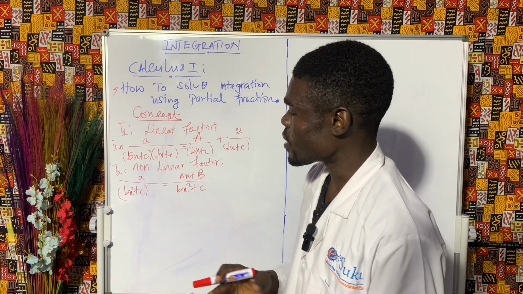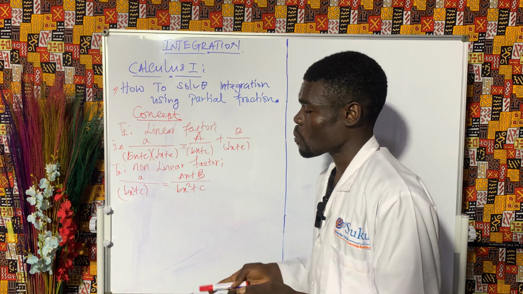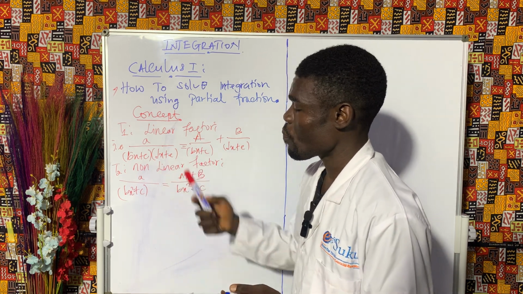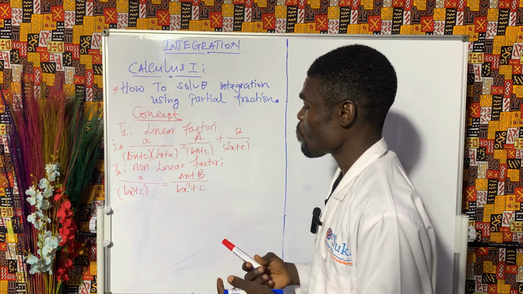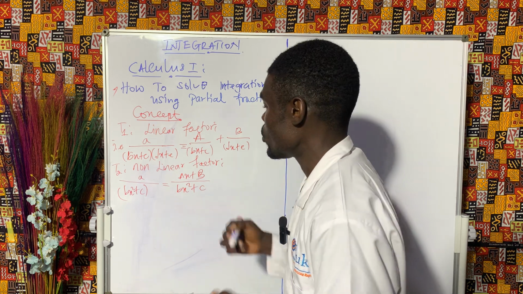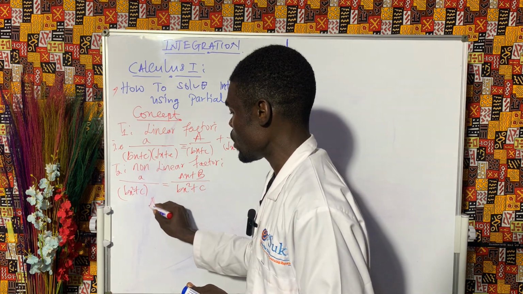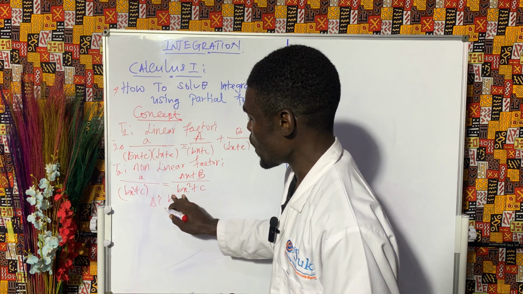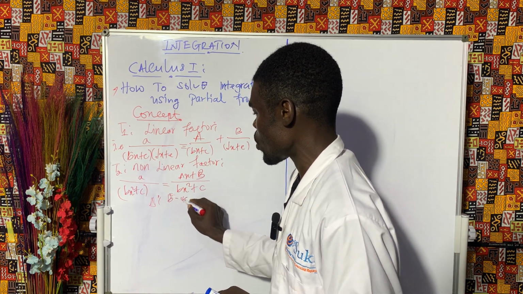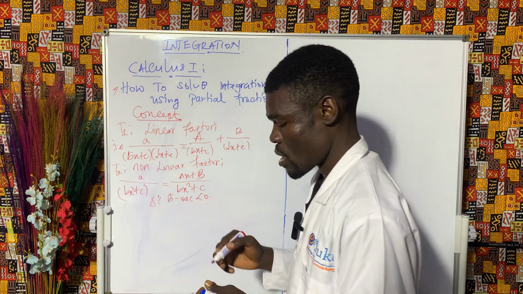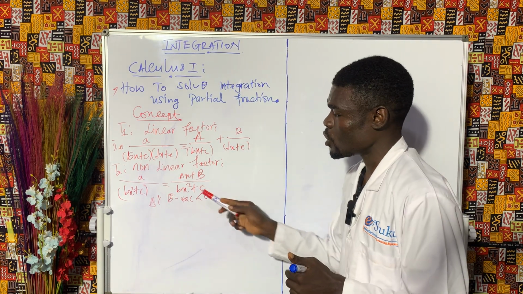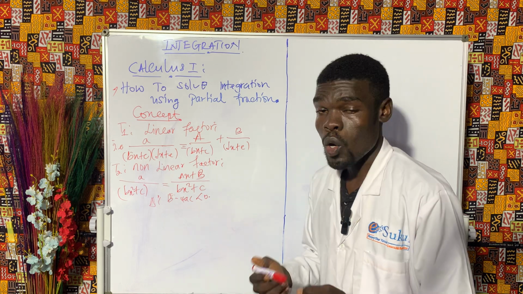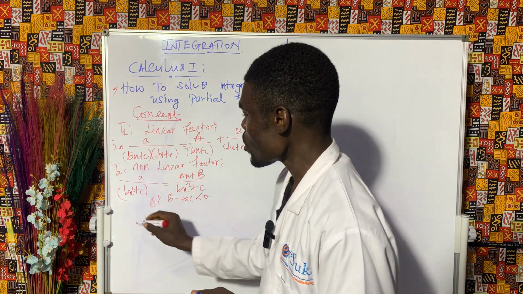But here we should remind ourselves that the degree of x at the top must be less than that of the bottom. And secondly, the denominator must have complex roots, that is, b squared minus 4ac must be less than 0.